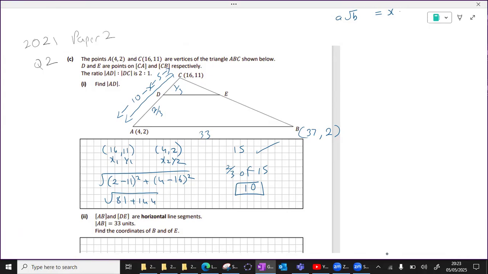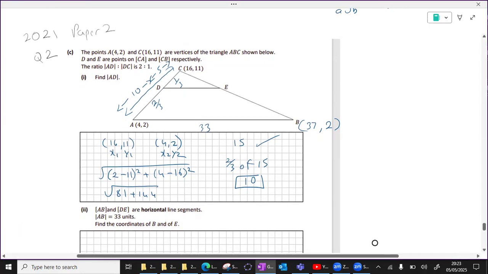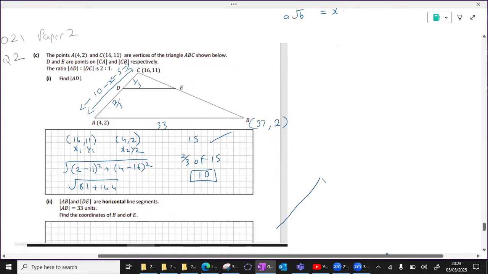Now, I also need to work out the coordinates of E. So I'm going to have to think about the large triangle, and then I guess the little one as well. So I think I'll redraw it for this one. So the large triangle, as in ACB, is 15.